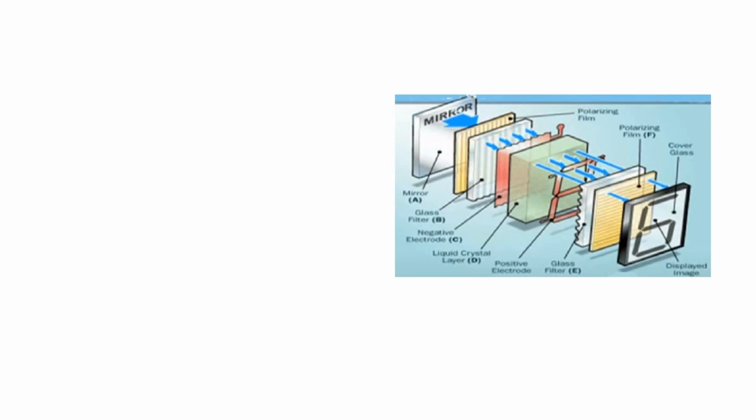These are nothing but some electrodes, and this liquid crystal layer is sandwiched between two glasses, right? And we are projecting light through a mirror, so the mirror will be reflecting that light, and whatever the reflection is can be seen on the display here, right?